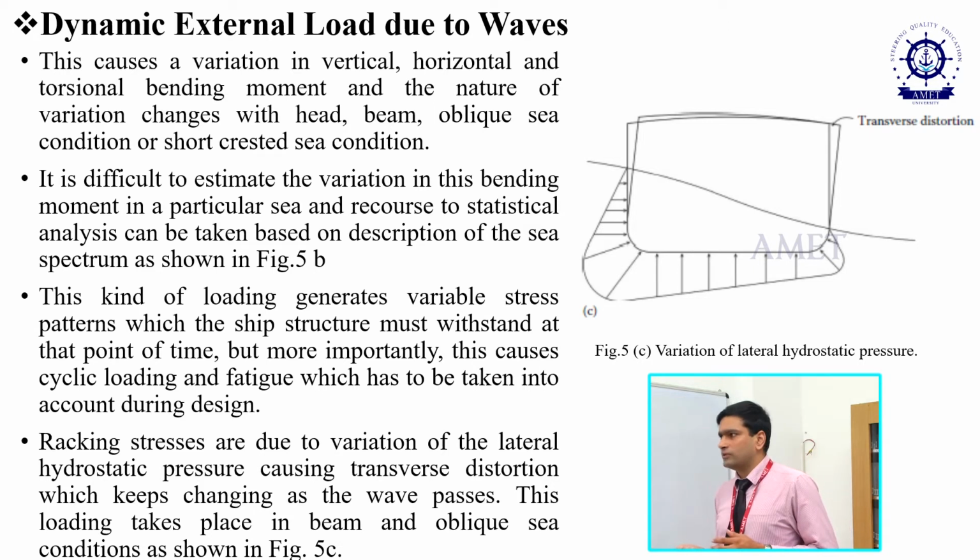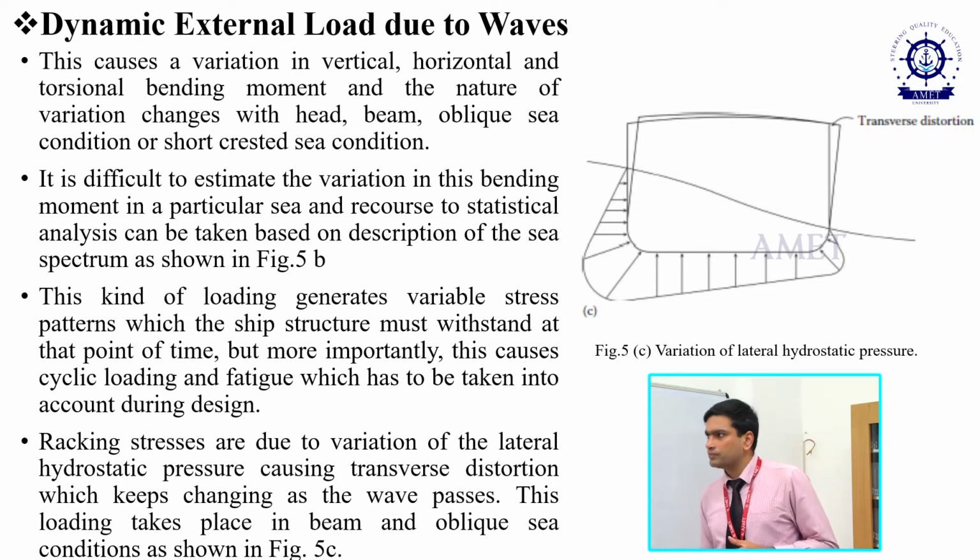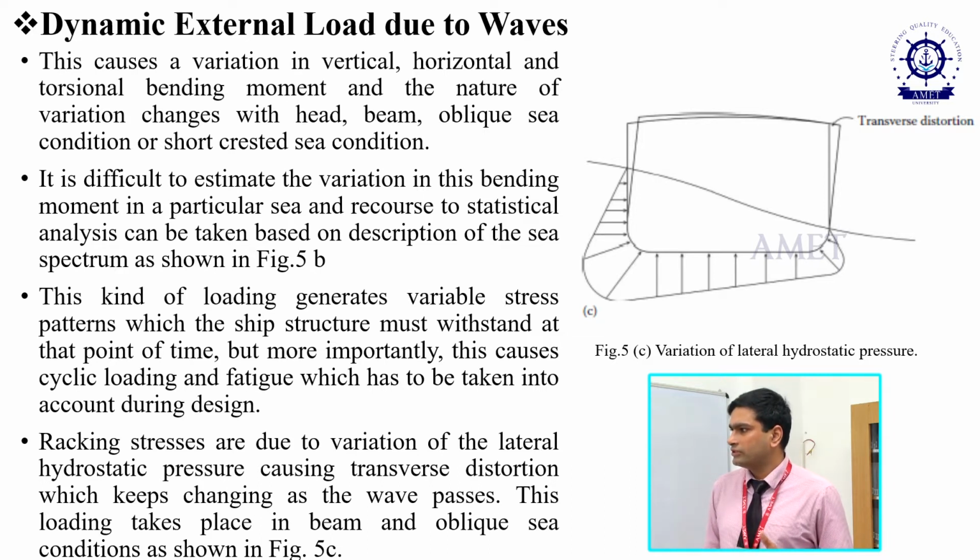On the description of such spectrum, it is a difficult or challenging calculation. This kind of loading generates variable stresses and patterns which the ship structure must withstand at that point of time. But more importantly, this causes cyclic loading and fatigue, which has to be taken into account during the design.